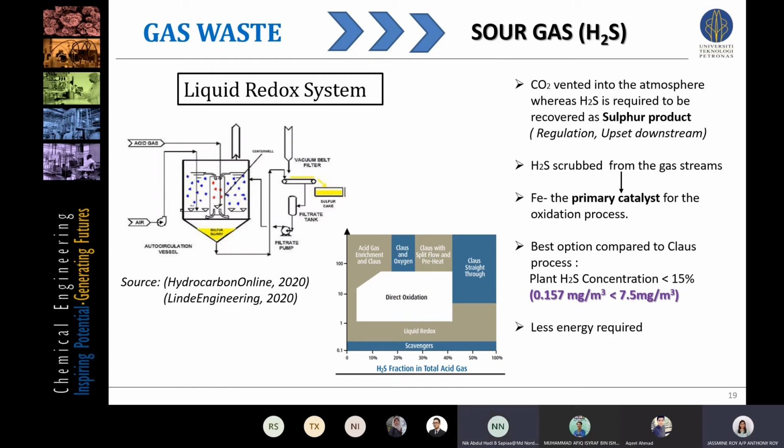So essentially, we want to recover sulfur instead of carbon dioxide being released into the atmosphere, due to strict regulations. So this CO2 is not treated? CO2 is vented into the atmosphere.